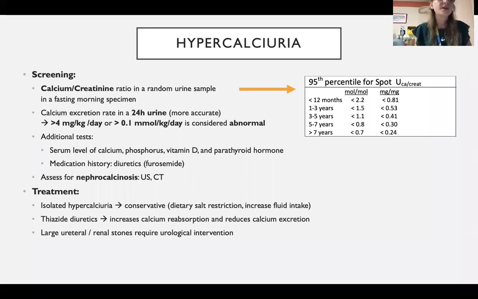For the treatment of hypercalciuria, the management is usually conservative and involves mainly lifestyle changes such as dietary salt restriction and an increase in fluid intake. Thiazide diuretics can usually be used to increase calcium reabsorption in the distal tubule and reduce the renal excretion of calcium. And in the case of large ureteral or renal stones, surgical intervention can be required, as you know.